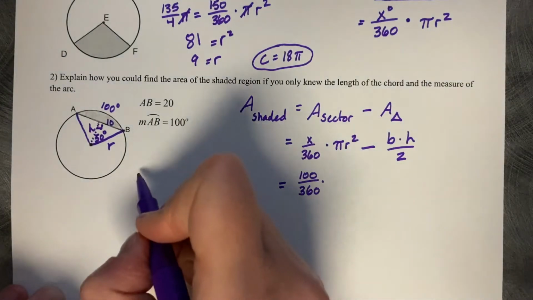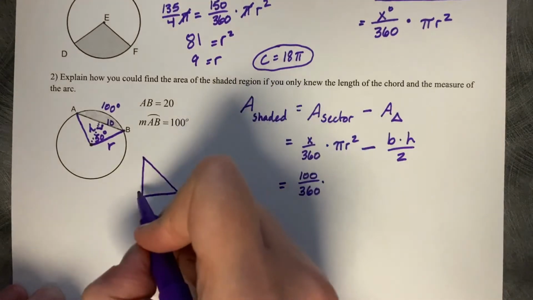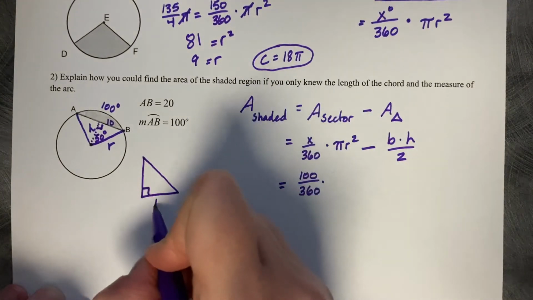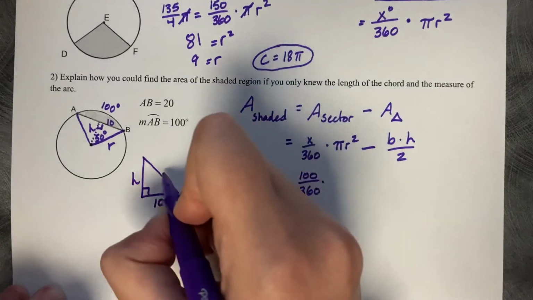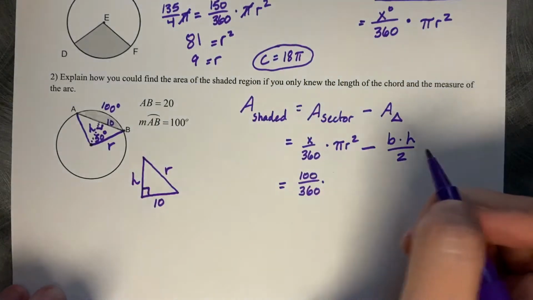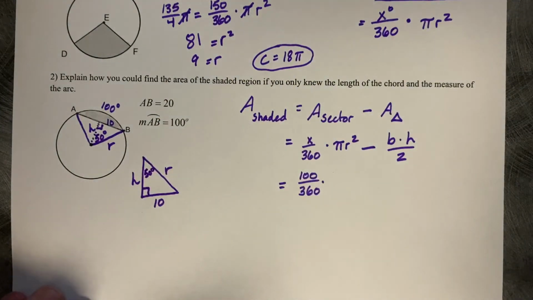So if I stand this triangle upright, which sometimes is very helpful, we've got our right angle here, our bottom length is 10, our vertical length is height, and our hypotenuse is the radius, and this top angle here is 50 degrees.